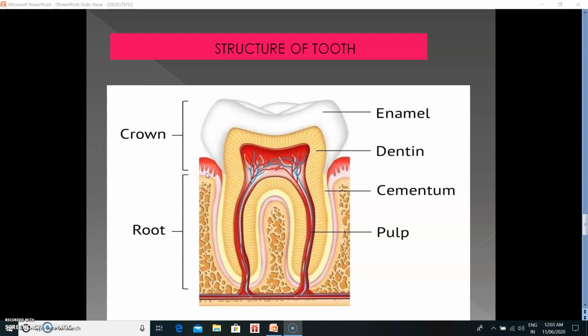The crown is the upper visible part of the tooth. The white part that you can see in your mouth is the crown. The root is the lower part that is embedded in the cup-like socket of the jawbone. This is the entire tooth embedded in the jawbone. Clear?